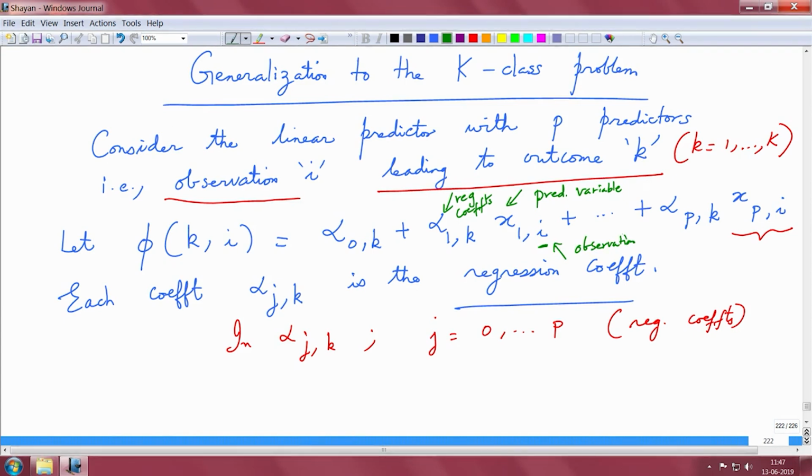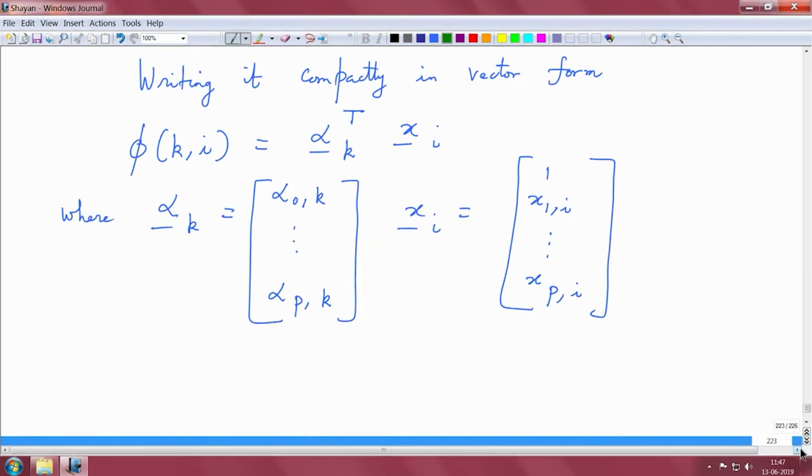At first glance this looks quite complicated, because we have p plus 1 terms here, and this can simplify dramatically if we use a vector notation and write this compactly. Now phi of k comma i can be interpreted as the dot product between two vectors alpha k and xi given in this form.